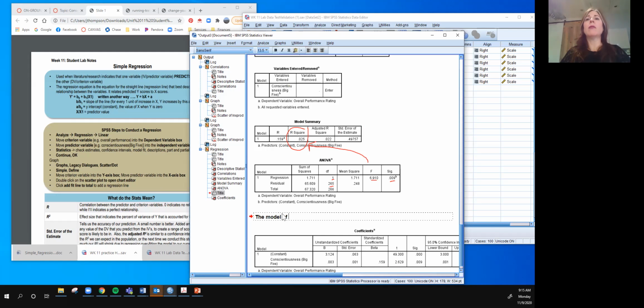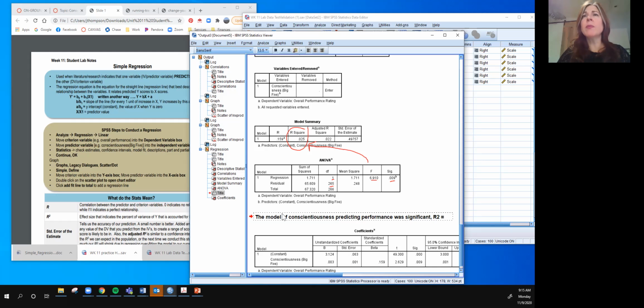the model of conscientiousness predicting performance was significant. R square equals, now you're going to want to write this the correct way, italicized with the two superscripted.